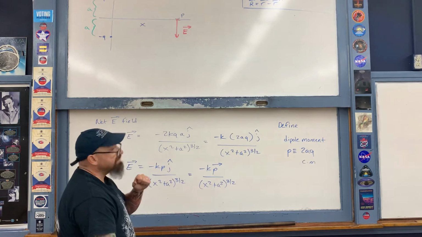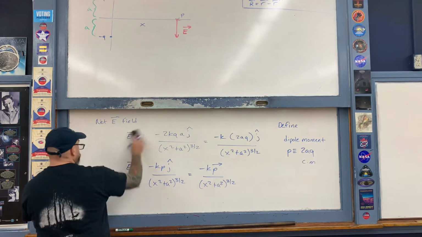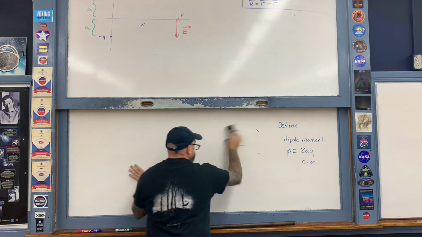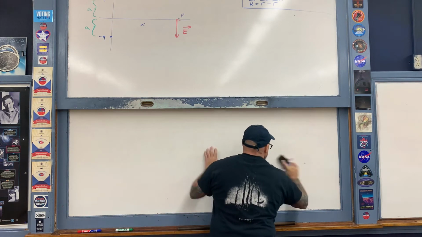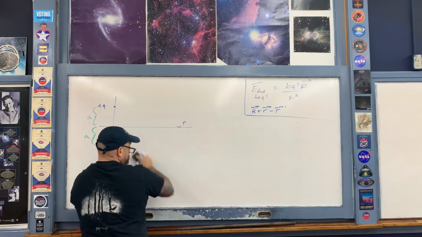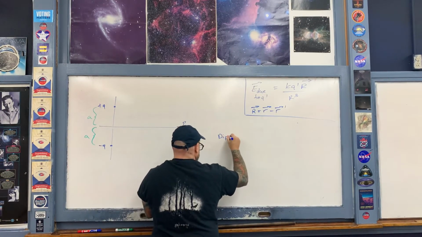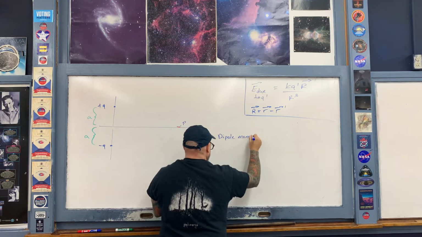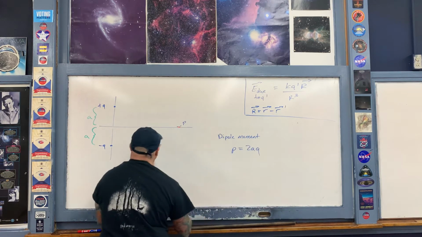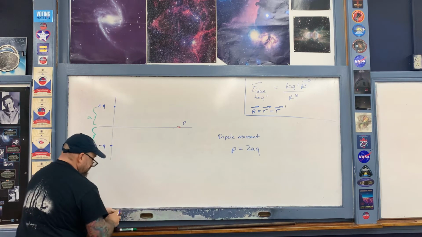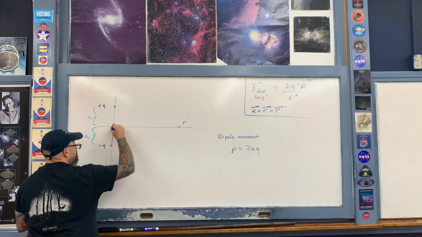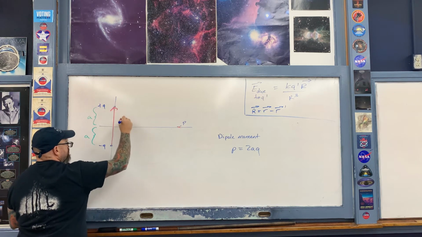Well, let me go up to the diagram above. Okay, the dipole moment P is 2a times q, and on the diagram above, it specifically now points in this direction, from the negative to the positive charge like so.